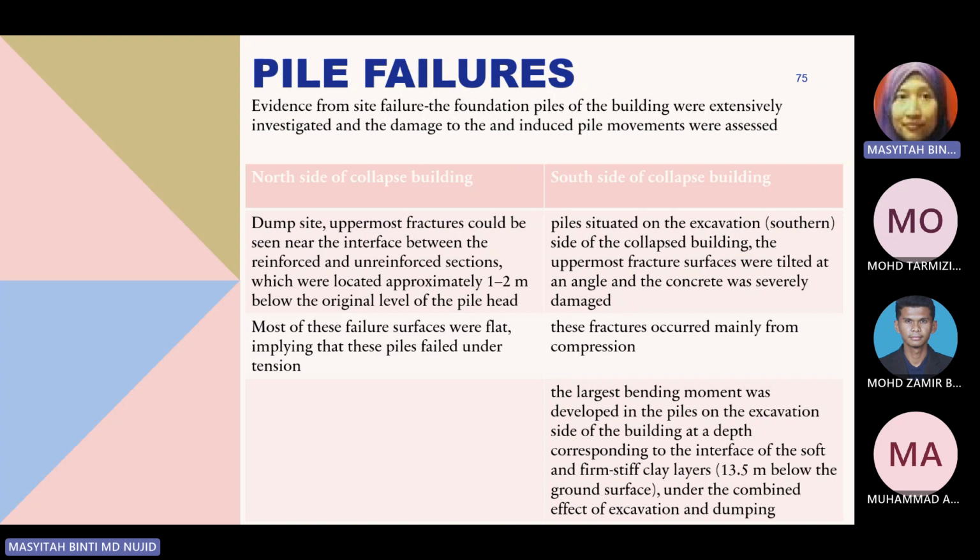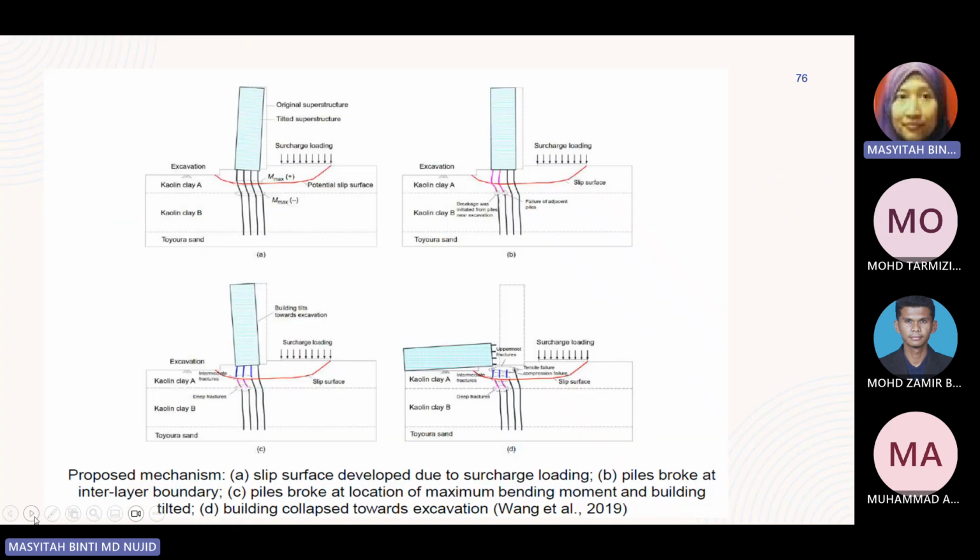So the largest bending moment was developed in the piles on the excavation side of the building at the depth corresponding to the interface of the soft and firm stiff clay layers, around 13.5 meters below the ground surface, under the combined effect of excavation and dumping. So last week pun saya rasa saya dah tunjukkan antara benda yang kita boleh ambil from this failure lah.